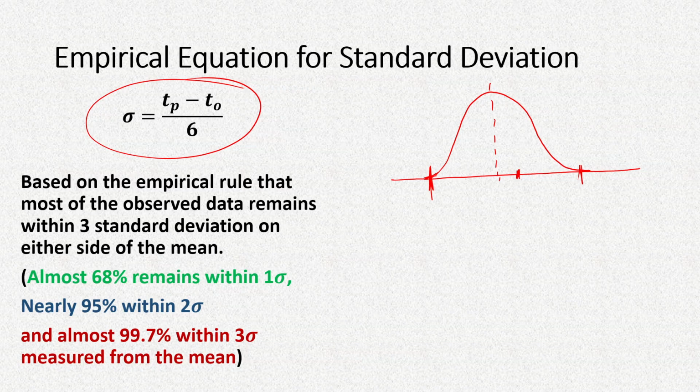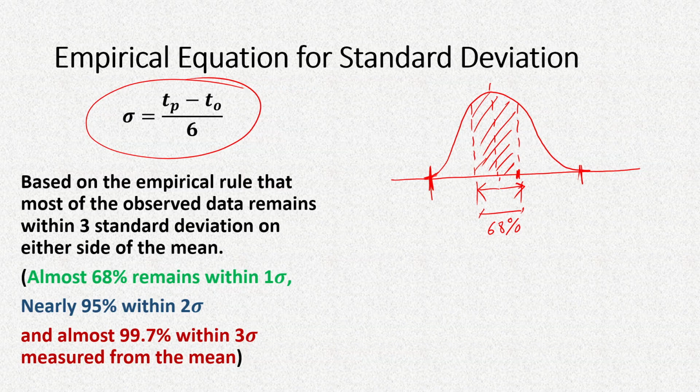So within one standard deviation in this direction and one in this direction, we will have approximately 68% of the total data or total population. So if we consider this area, it contains 68% of all the data.